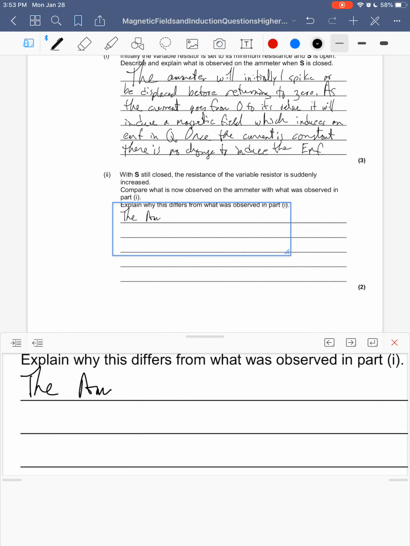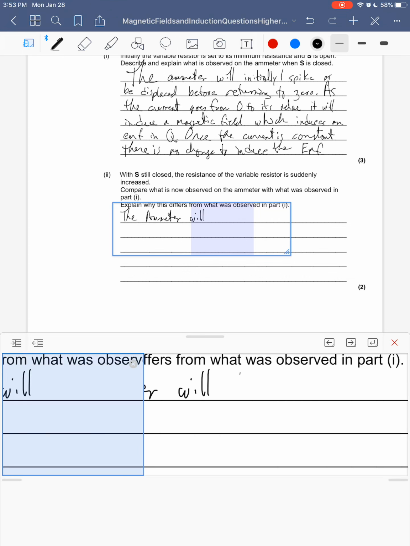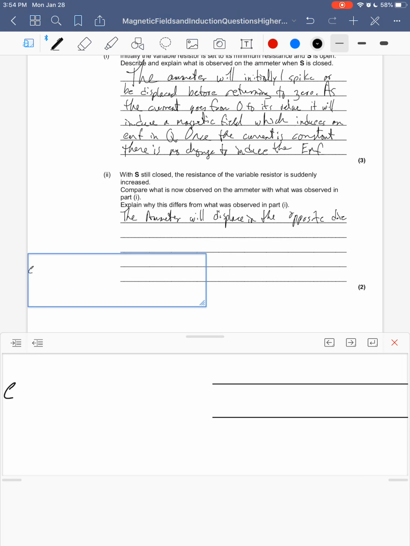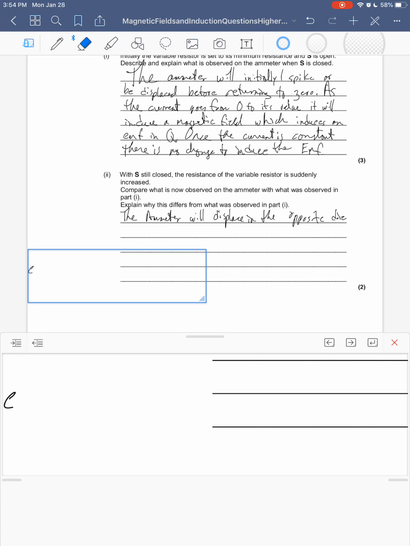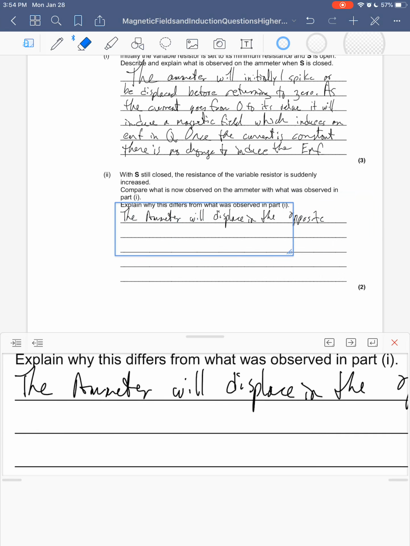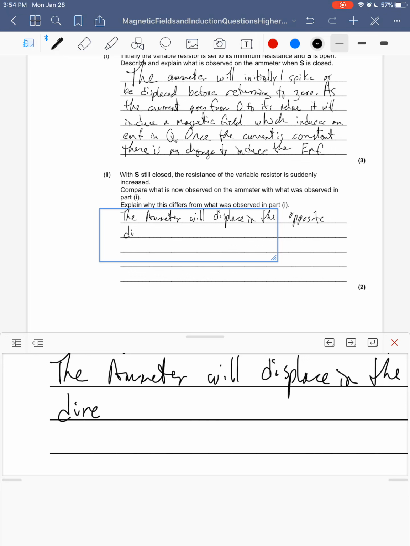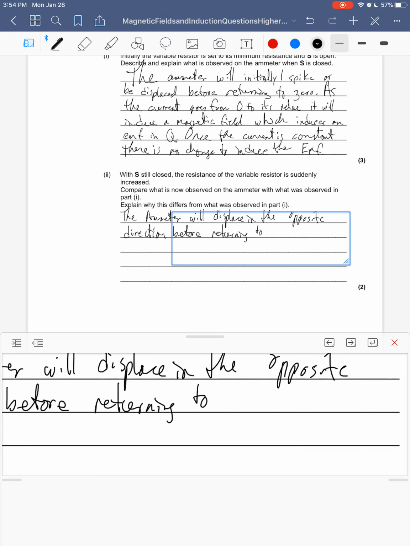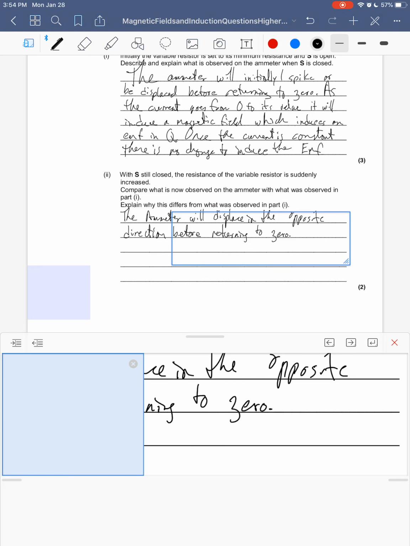So, the ammeter will displace in the opposite direction before returning to 0.